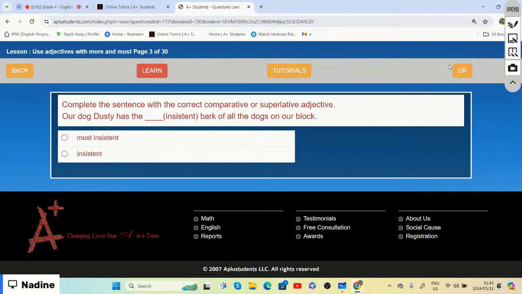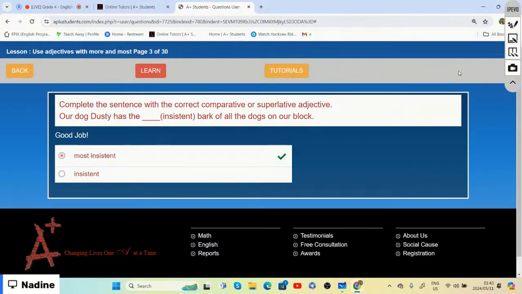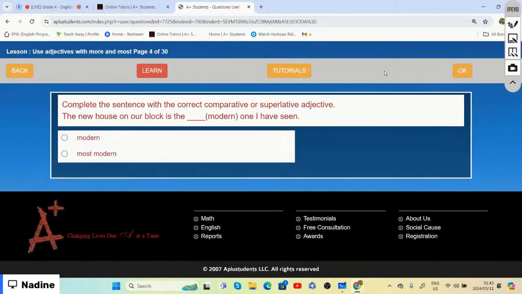Do we say it is the most insistent or insistent? Since we're saying all the dogs on our block, we can say he has the most insistent bark. Because remember, once we start comparing to all the other houses, to all the other people, it now becomes most.